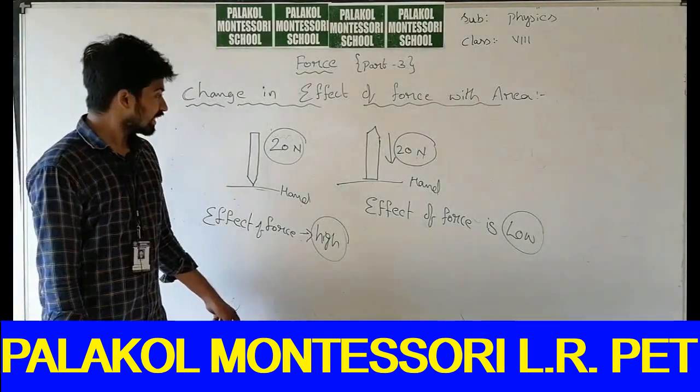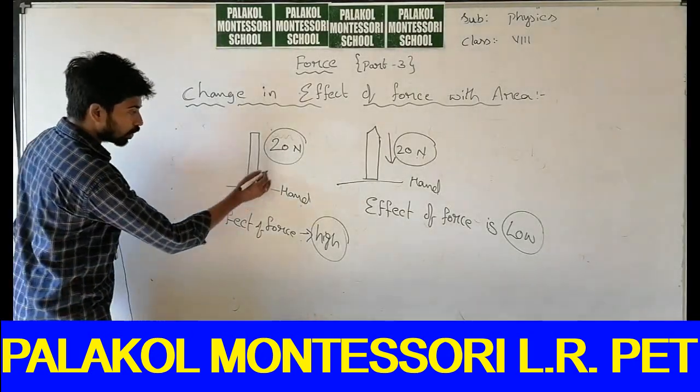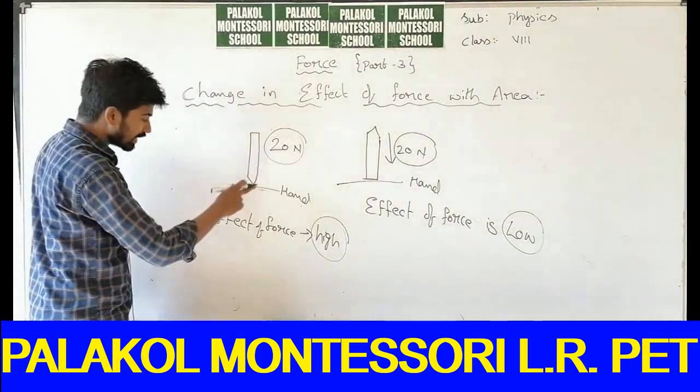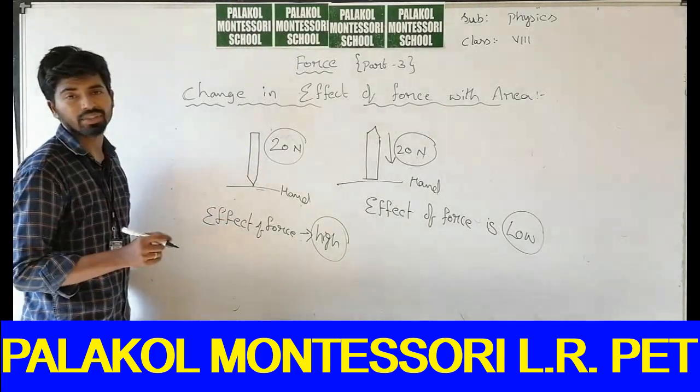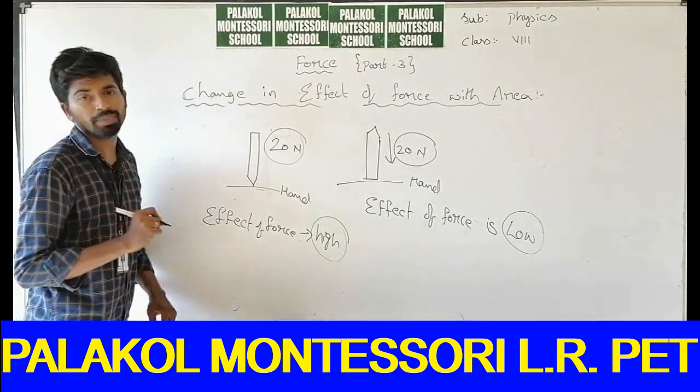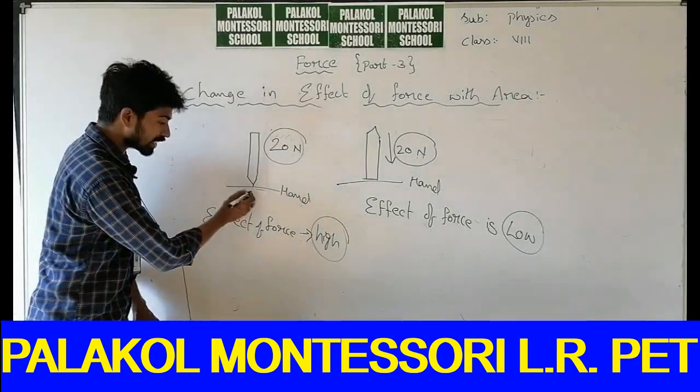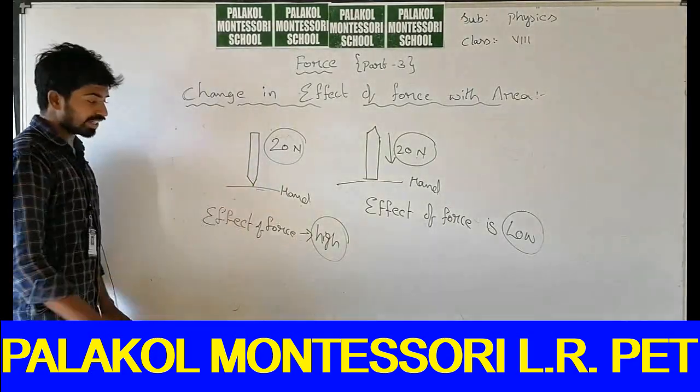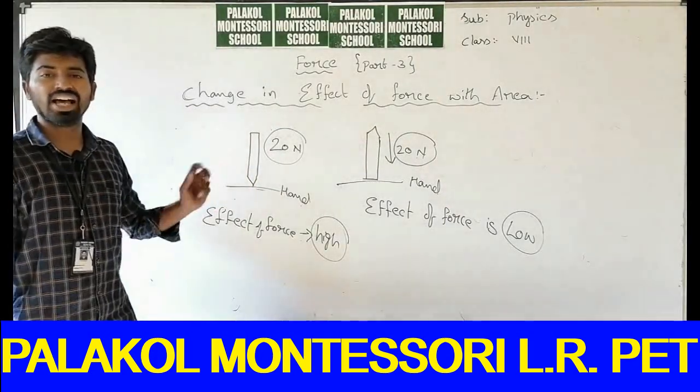Why is the effect high in one case and low in the other? Because it is related to the area. 20 newtons of force is applied on a very small area. What is the area of the nib of the pen? It is very small. That is why you felt the effect of force as high.